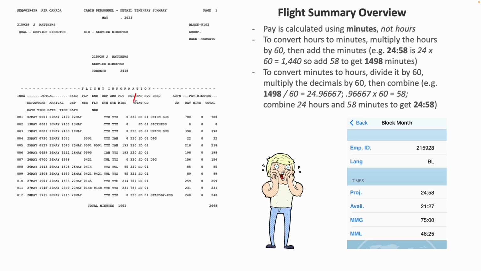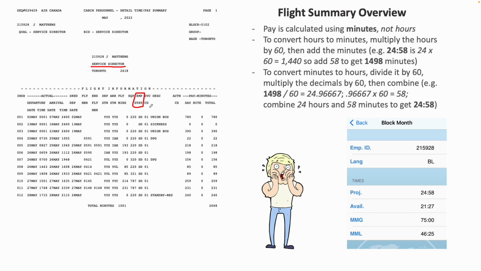I'd also like to draw your attention to this particular column. EMPSTAT is short for employee status. So this essentially is the position that you worked as far as your classification for each activity item that you have. So you'll notice at the top of my flight summary that I am classified as a service director for this particular month.